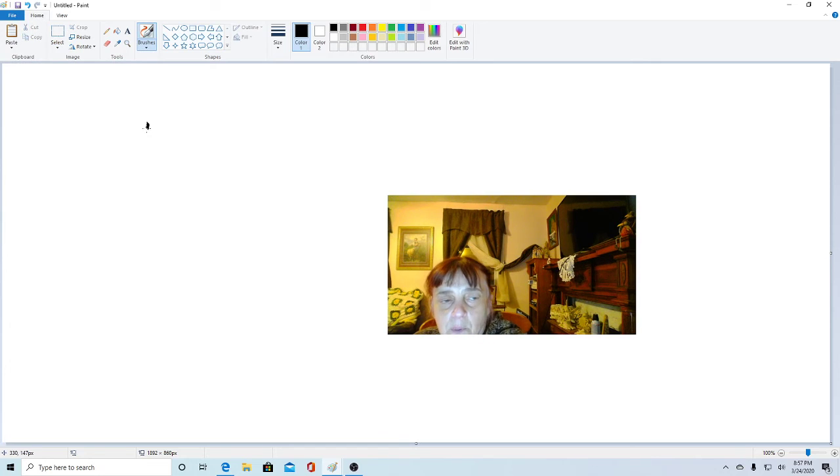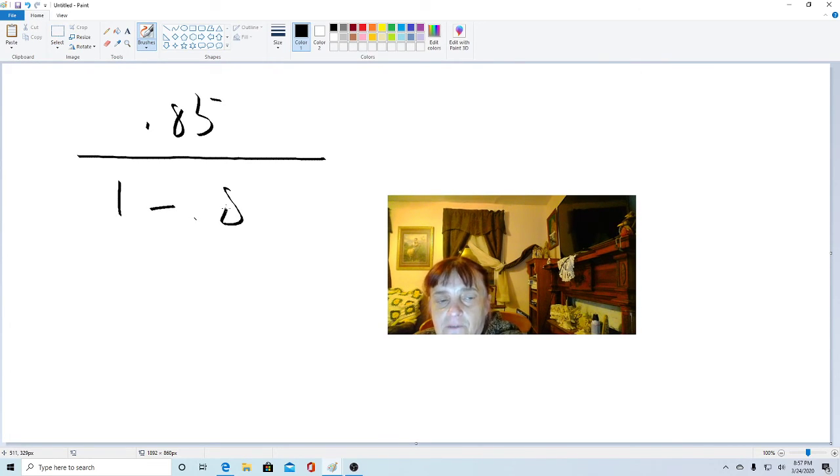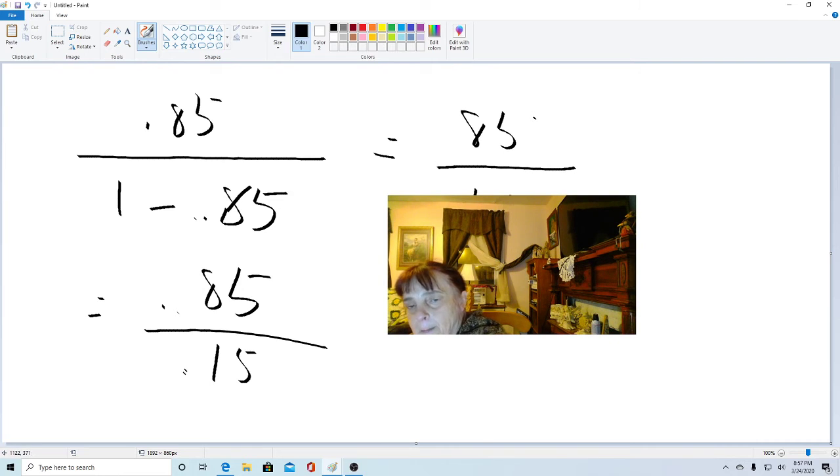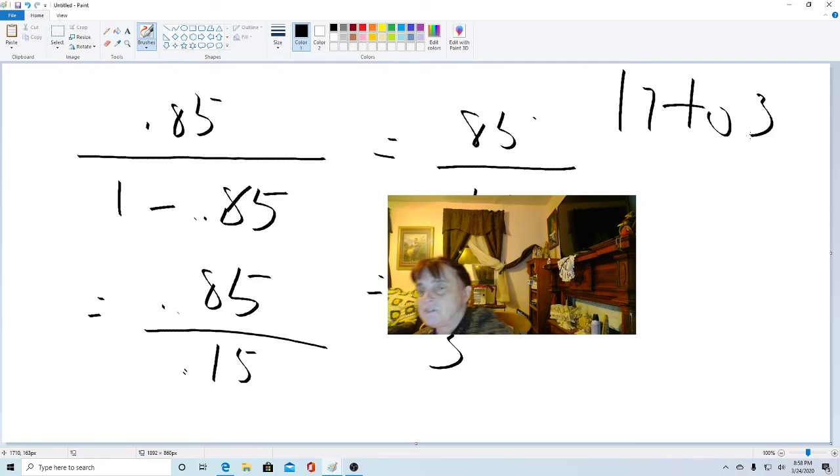So that's going to be 0.85 divided by 1 minus 0.85, which is 0.85 divided by 0.15, which is 85 over 15, and that reduces to 17 over 3, and that's read 17 to 3, not 17 thirds. Okay, odds in favor.